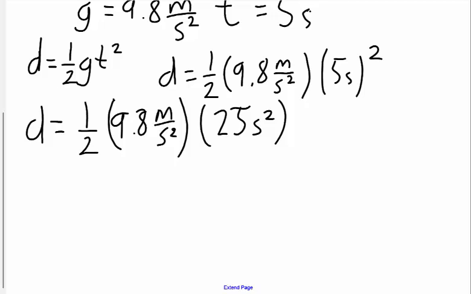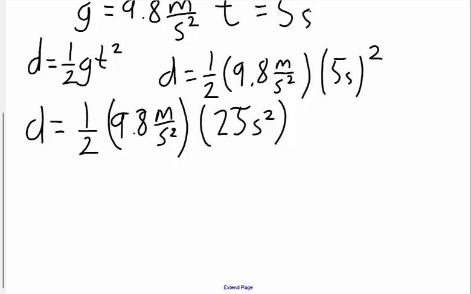So let's multiply 1/2 times 9.8. Now, some people are going to say, but you put those in parentheses. The parentheses are just to separate things, just so we know what is what. It's not to group them together. But remember the commutative property and the associative property. Commutative says we can multiply things in any order.